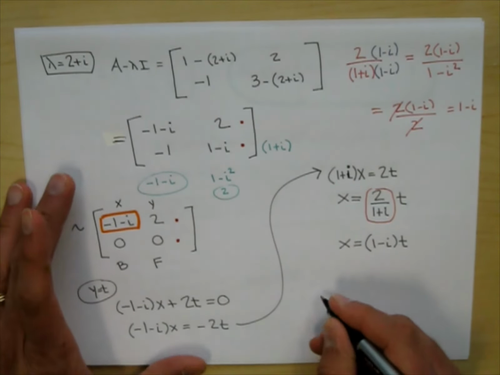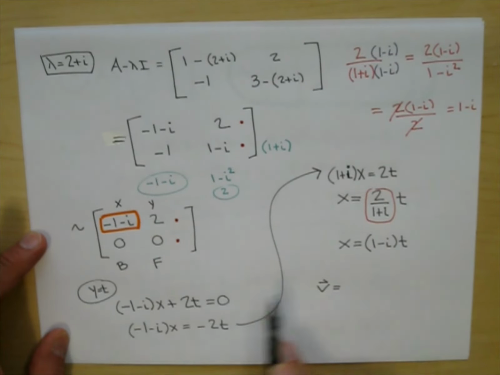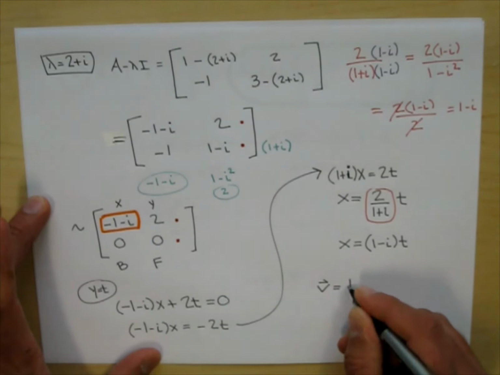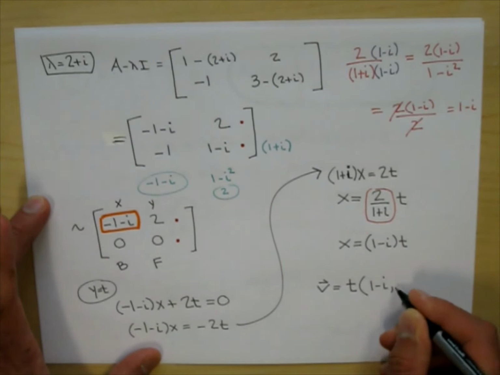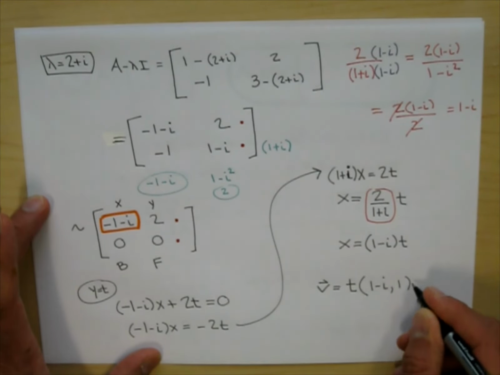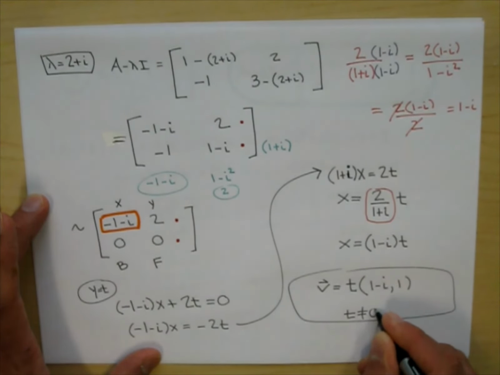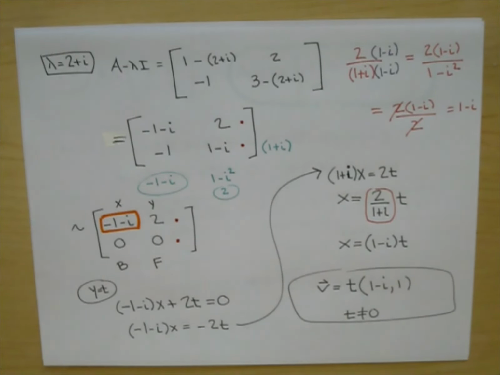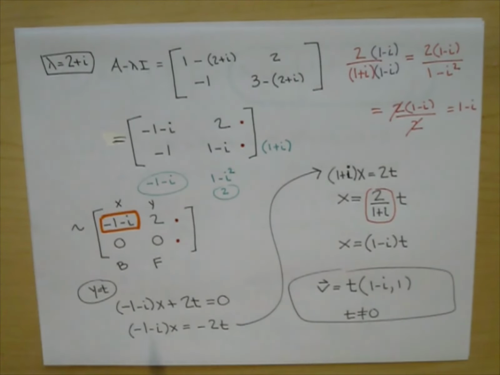So our eigenvectors look like this. I'll factor the t out. So I have t times the vector 1 minus i, comma, 1, where t does not equal 0. So that was nasty. We don't want to do this again. So in order to avoid doing that, let me show you another way of doing this problem.